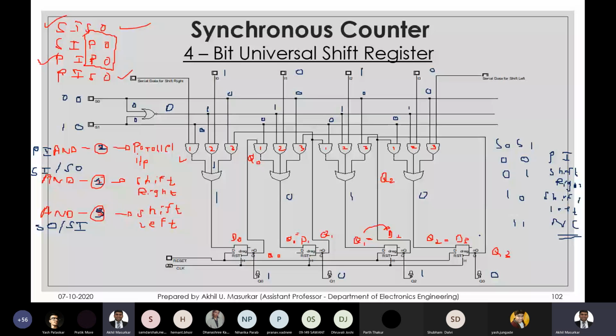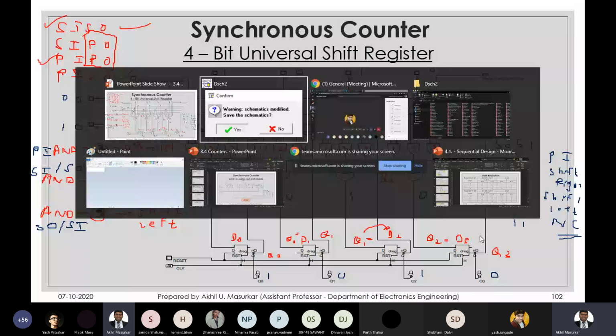So please draw this. I think I have posted this circuit. No, I'll post this circuit also for you.